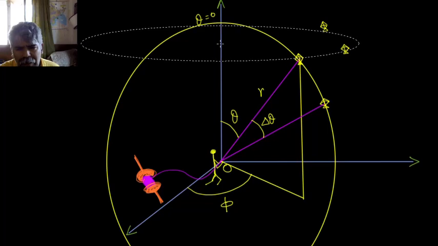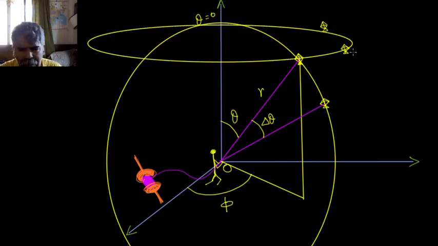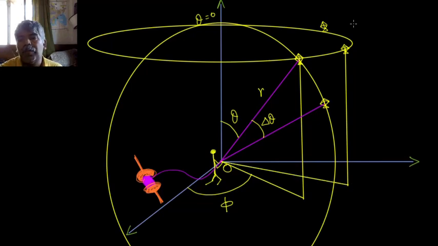I think it is approximately okay. Now if this is phi, you need to drop another perpendicular from this new position of the kite to the horizontal plane, and join from this point to this point. So what is this? This is delta phi.